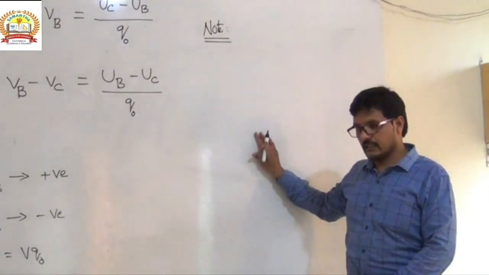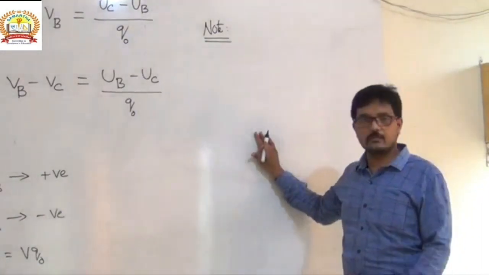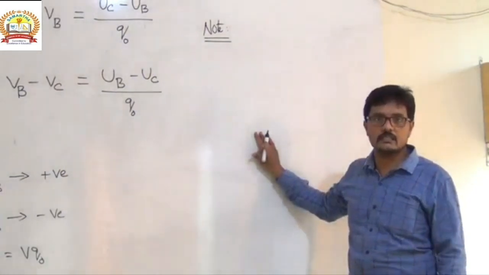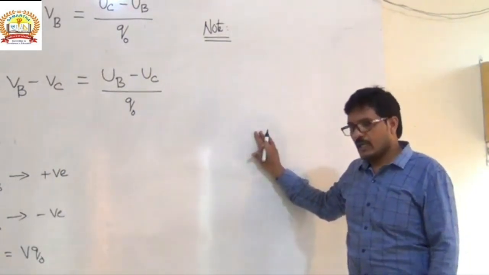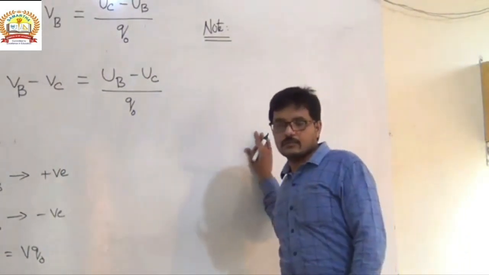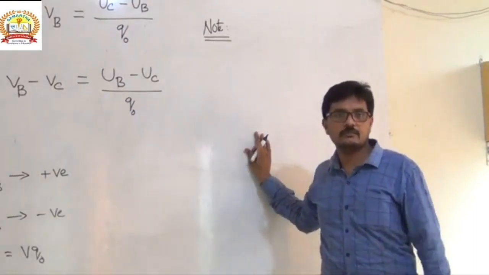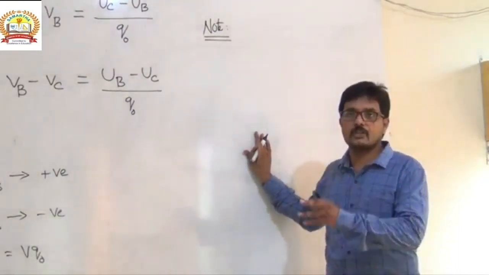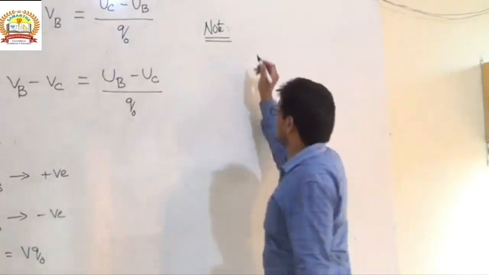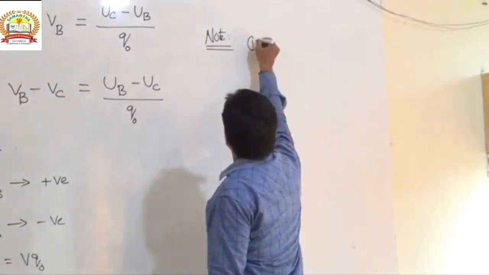It is electrically neutral, and the potential of the Earth is taken as zero. All the potentials of bodies are measured with respect to the potential of the Earth. That is one point.